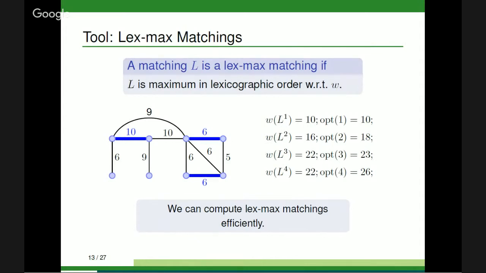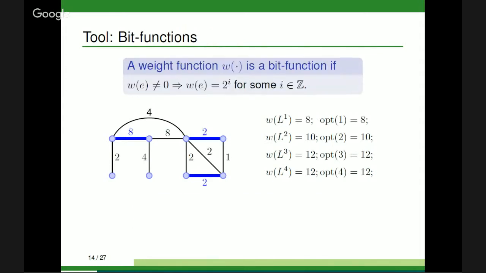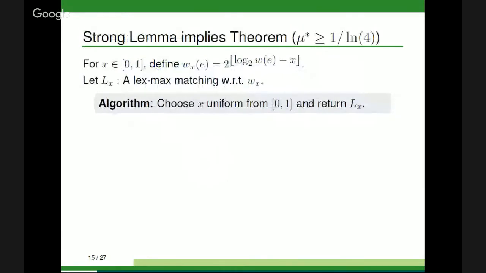Yes, it's a little bit more complex. But let me tell you why this works.